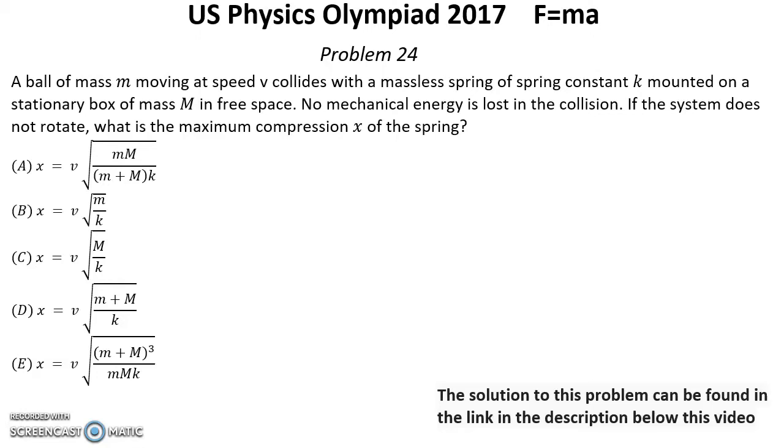Solution for problem number 24. Because we don't have any energy loss, we can use both energy conservation and momentum conservation. When we have maximum compression, it means that both mass and box have the same velocity.